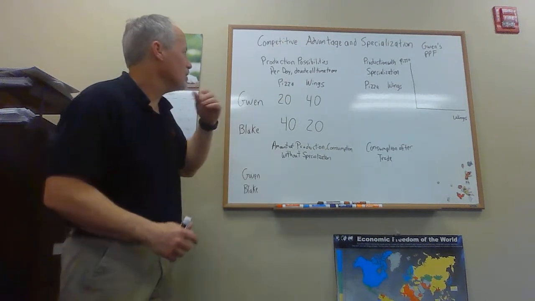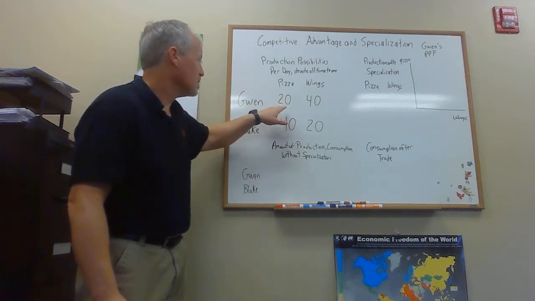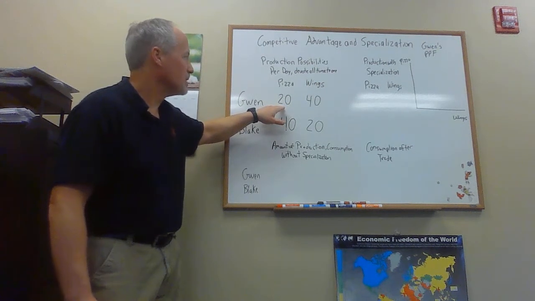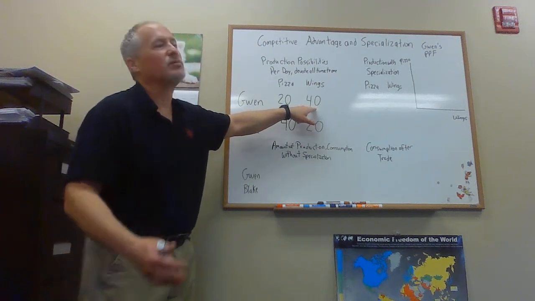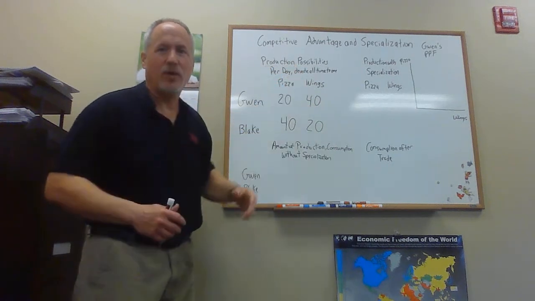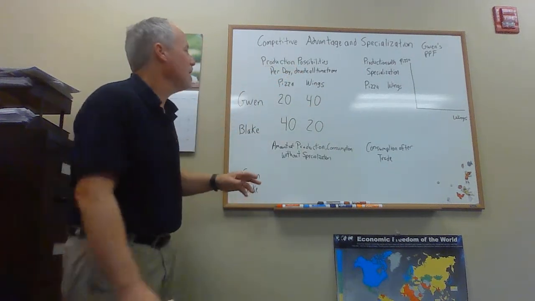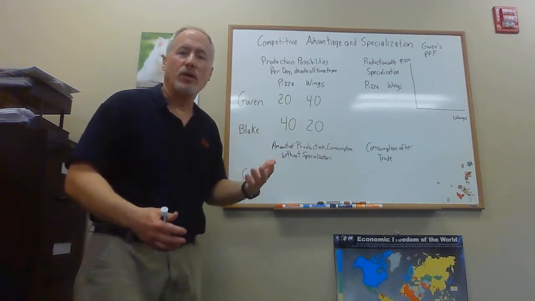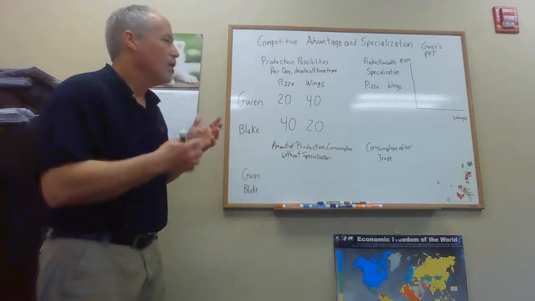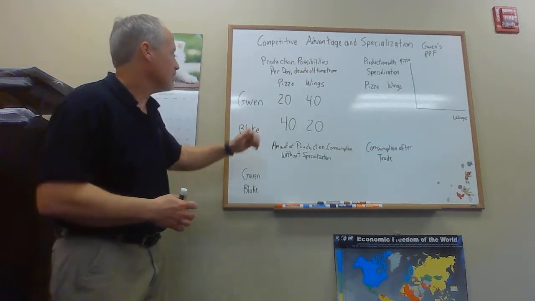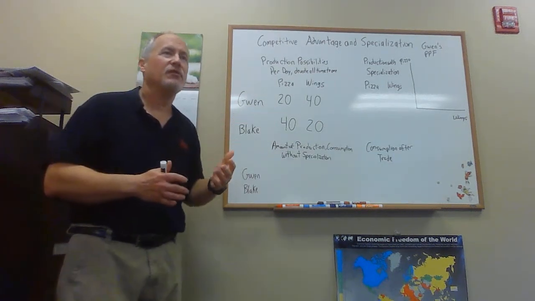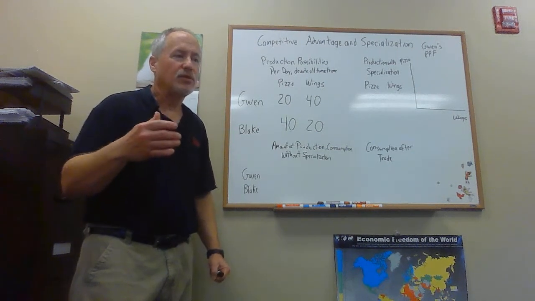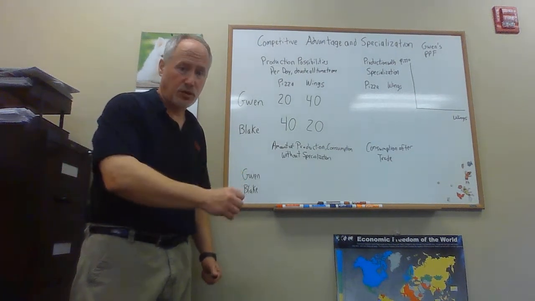Just so you understand the production possibilities, if Gwen devotes her whole day to making pizzas, she can make 20 pizzas. If she spends her whole day making wings, she makes 40 wings. Maybe these are giant wings, or maybe there's mini pizzas. But Blake makes 40 pizzas and then 20 wings. For absolute or competitive advantage, a person has competitive advantage if they're able to produce more of a good than the other person.